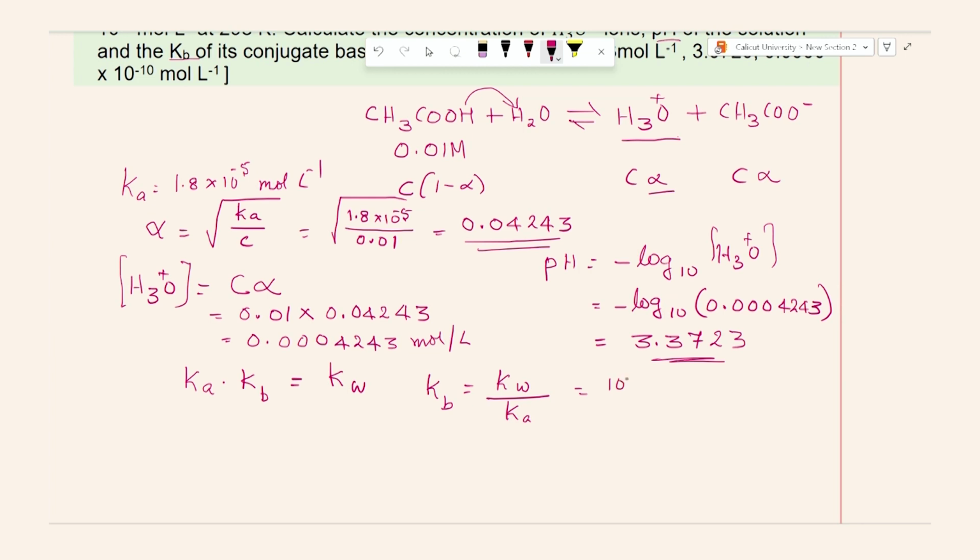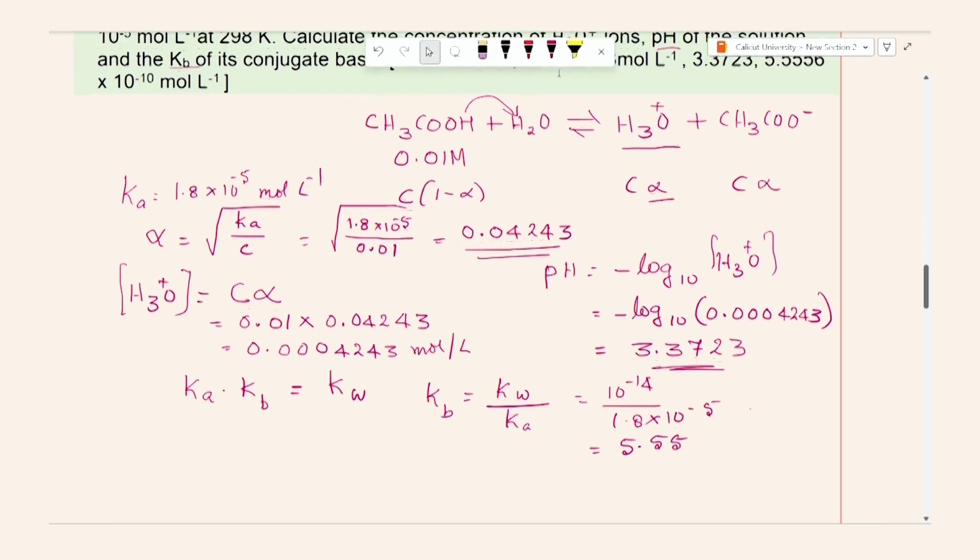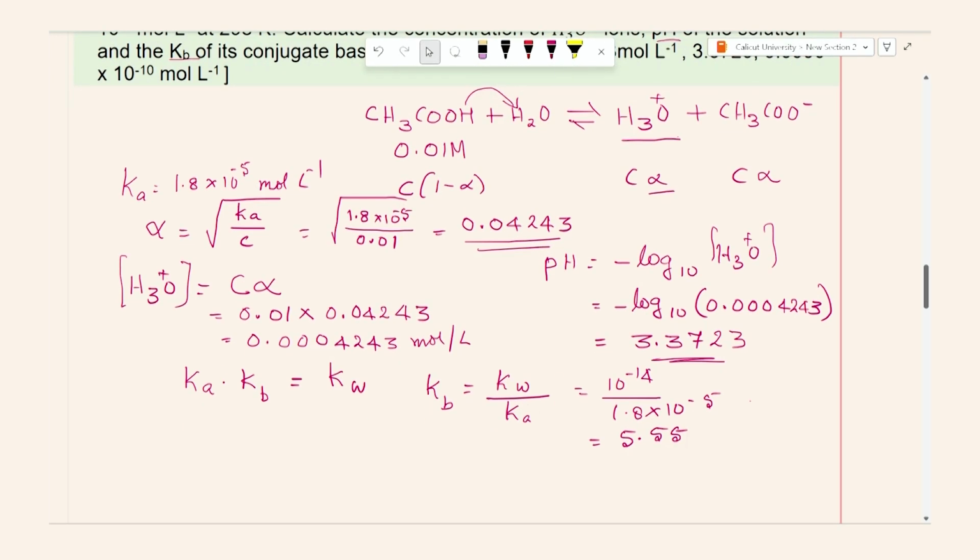Kw is 10 to the power minus 14, whole divided by Ka, the value of which is 1.8 into 10 to the power minus 5, and if you calculate, that will give you 5.556 into 10 to the power minus 10 moles per liter.